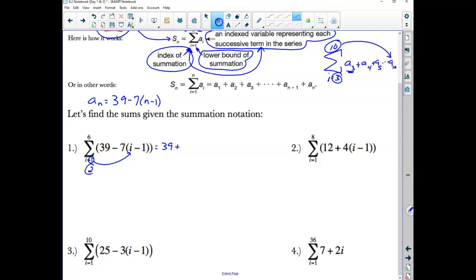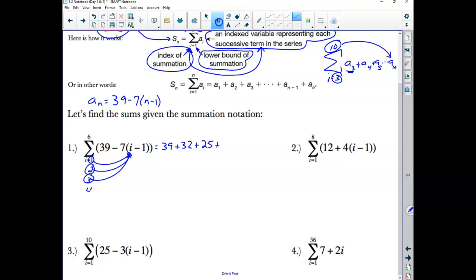Then I take a 2 and plug it in, and that's 39 minus 7, which gives me 32 plus. Then I take a 3, and I take 7 times 2 and take that away from 39. That gives me 25 plus.